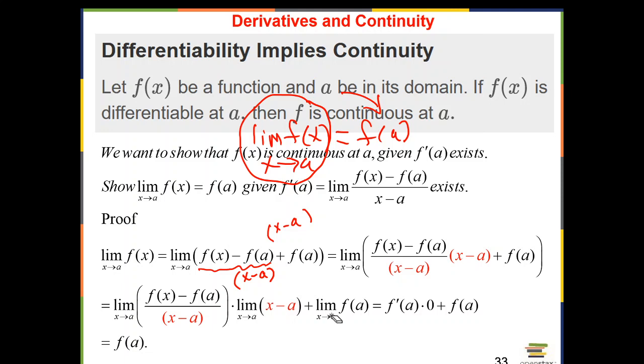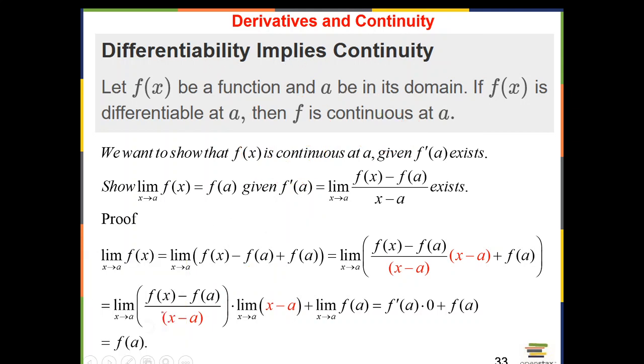And limit of f of a when x approaches a, f of a doesn't care about x because it has no x in it, so it's just f of a. 0 times that plus f of a is f of a. So we got the right side. That means if you assume that this is true, then this has to be true. That means differentiability implies continuity. All right?